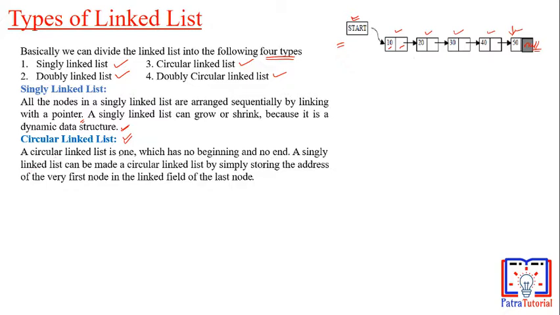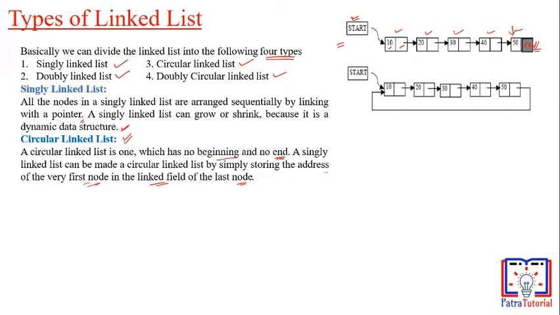A circular linked list is one which has no beginning and no end. Okay, a singly linked list can be made a circular linked list by simply storing the address of the very first node in the link field of the last node, that is the next part of the last node. So let me take one example here.